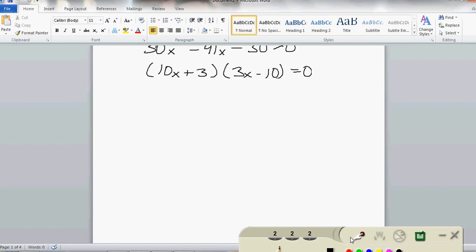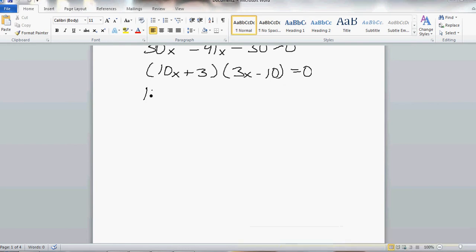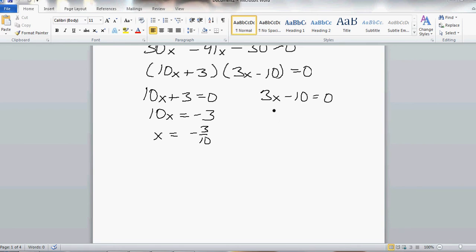When we set each one of these equal to 0, 10x plus 3 equals 0, so 10x equals negative 3, x equals negative 3/10. Likewise, 3x minus 10 equals 0, 3x equals 10, so that x equals 10/3.